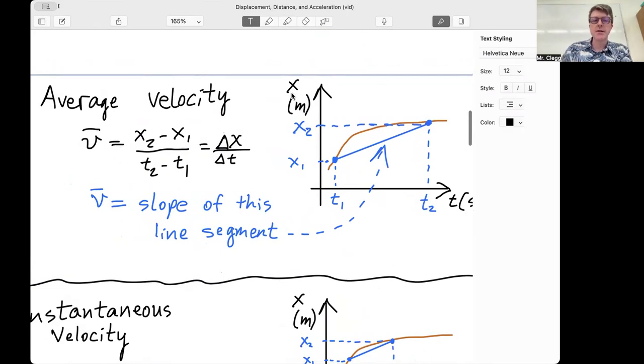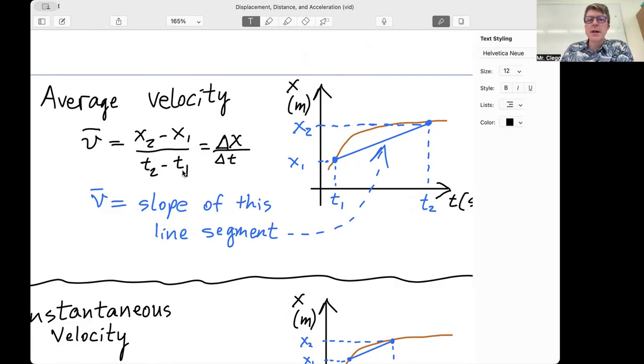Position is given by x sometimes other letters, but we'll use x for now. And the units are meters. So the distance between x1 and x2 is x2 minus x1. You take the second one minus the first, and that's my delta x, right? Delta means second one minus the first one.